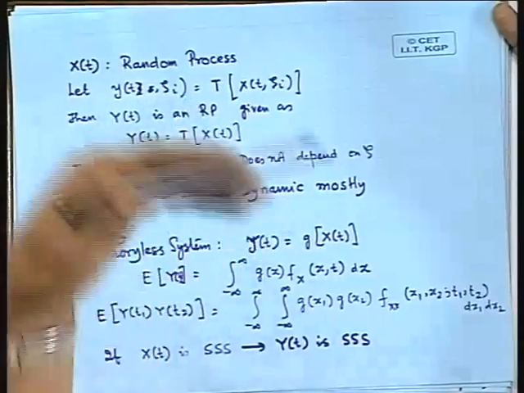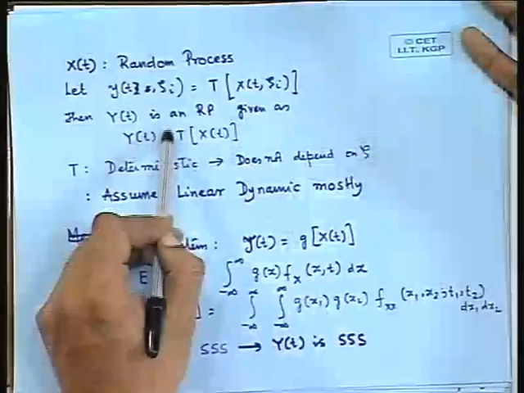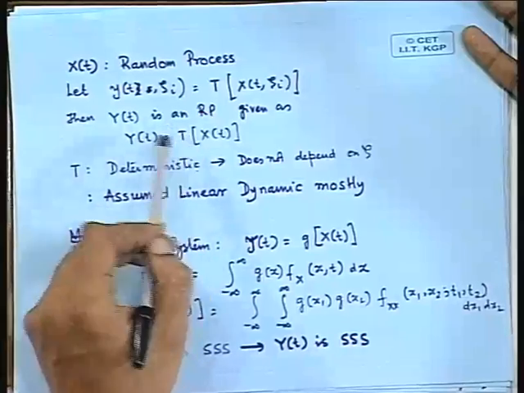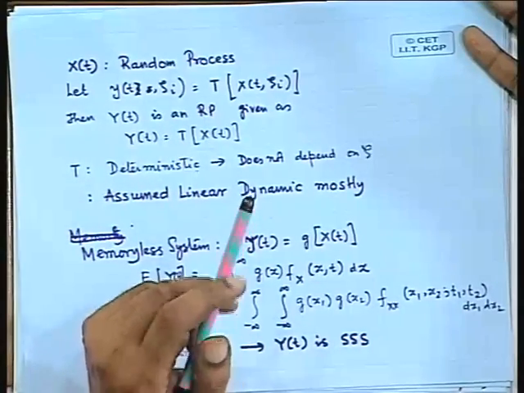So for each y you can associate it with an outcome, so it becomes a random process itself. So we say that y(t) is a random process, and we briefly say that y(t) is the output when you operate with T on x(t), right.